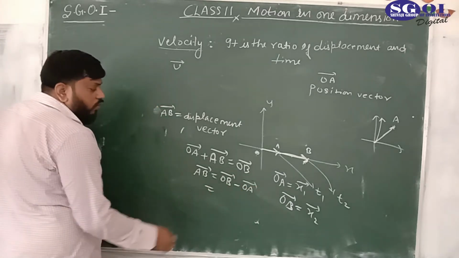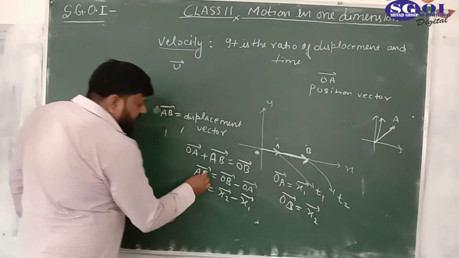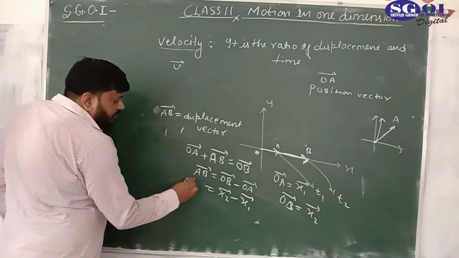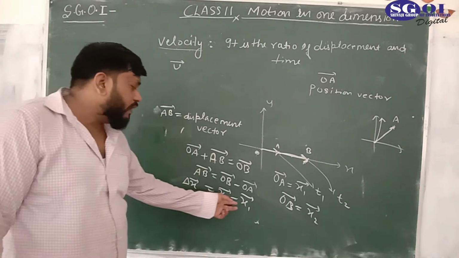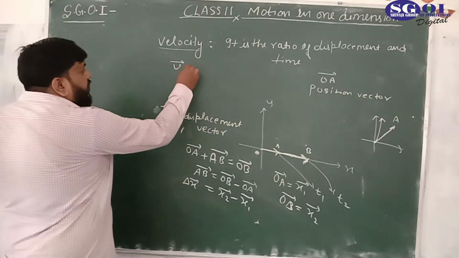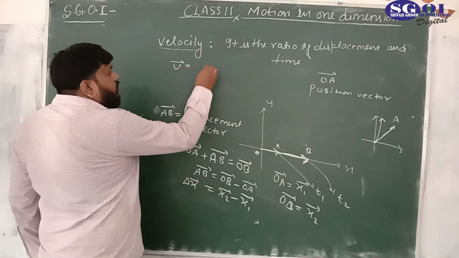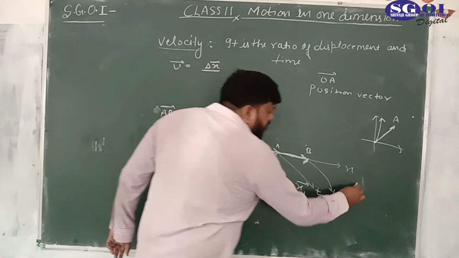What is the OB vector? The OB vector is x2 vector, and this is the x1 vector, and we can say the AB vector is delta x vector. So delta x vector, which is the displacement vector, is x2 vector minus x1 vector. Now velocity is displacement upon time, so this is delta x vector upon time, where t2 minus t1 is delta t.